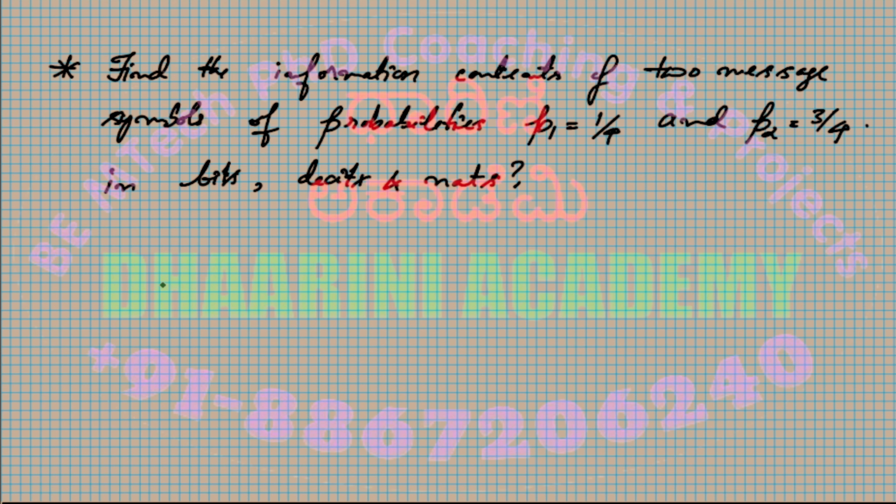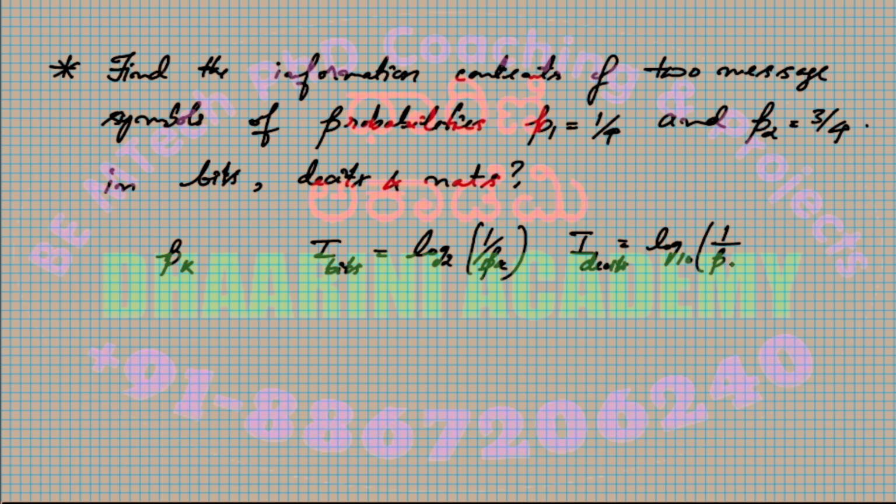So let's quickly try to make a table over here, so that will help you in getting the answer easily. This is the probability, so I can write pk. If you want to measure the information in bits, this is I in bits, which is log to the base 2 of 1 by pk. Then if I want to calculate the information in decits, the equation is log to the base 10 of 1 by pk.